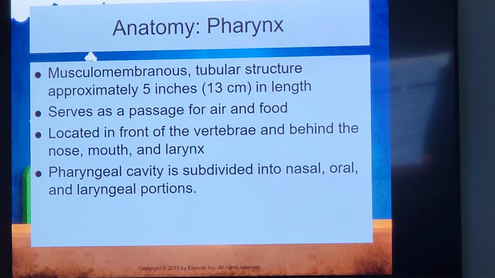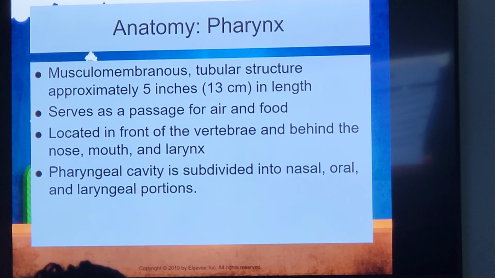C for the thyroid, T for the thymus. So T4, T5 for the thymus, C4 for the thyroid. Two glands. Well, the thymus is also in that region.